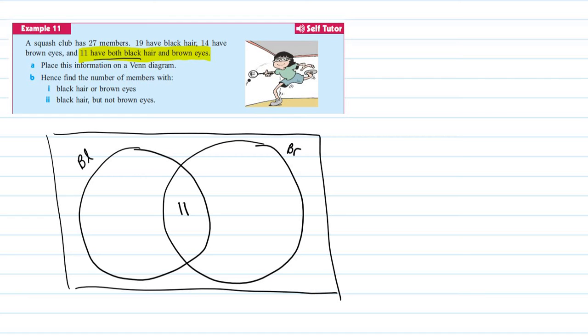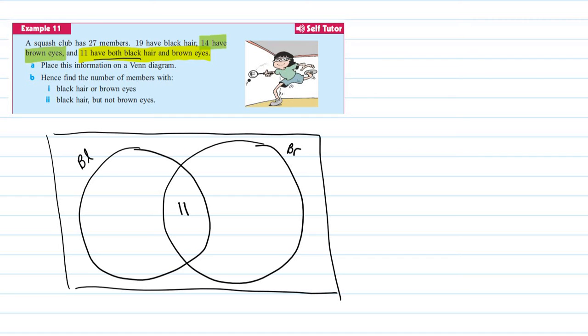Then it tells us that if we keep working backwards, it says that 14 have brown eyes. So that means that in this whole brown eyes circle, 14 people should exist. However, 11 people already exist.